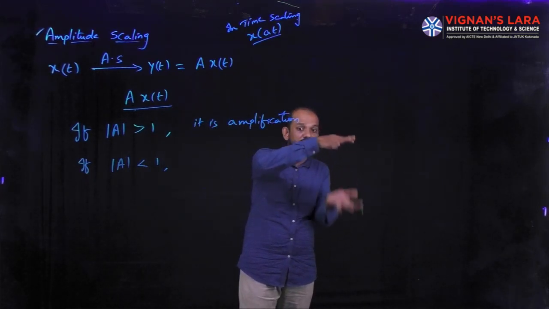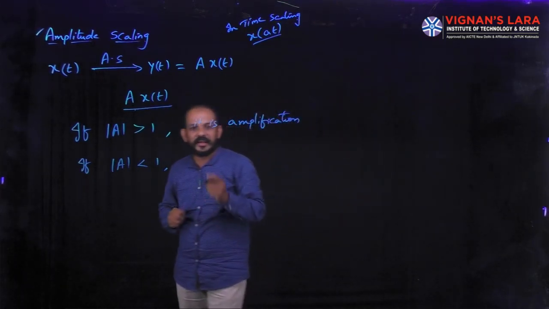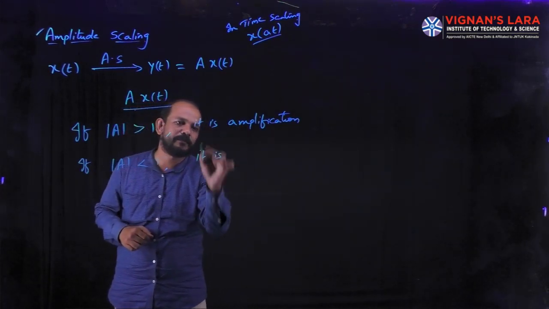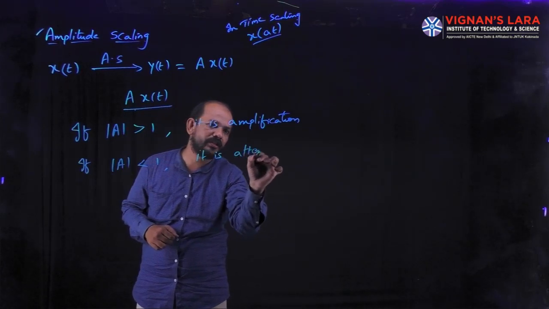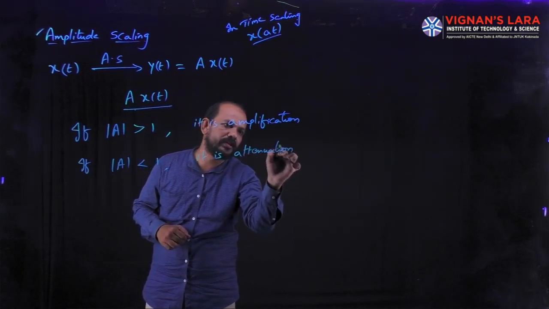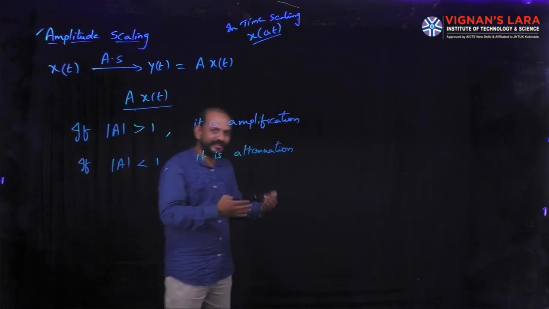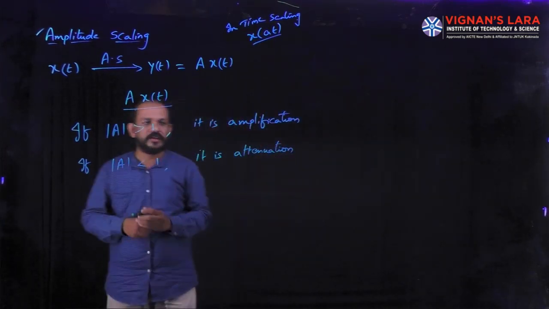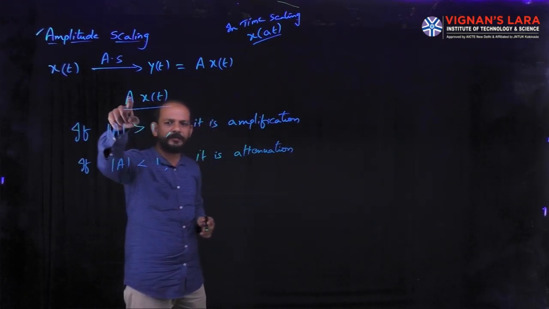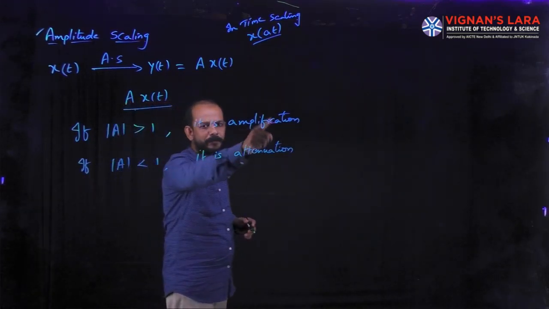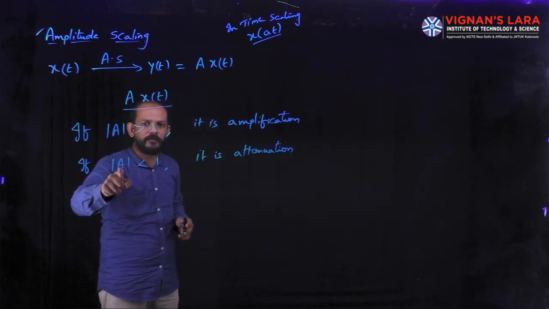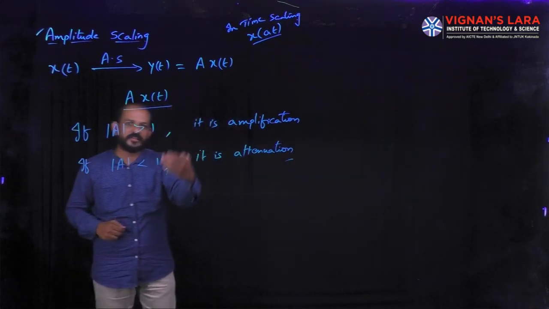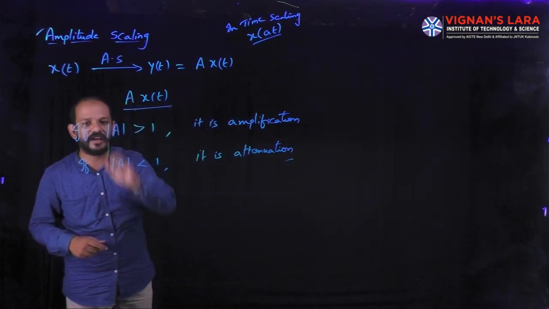Hence that is nothing but reduction, or we can call it attenuation. The reduction of the signal is nothing but attenuation. So if the value of capital A is greater than 1, then we call it amplification. If the value of mod A is less than 1, then we call it attenuation. Okay, so these are the explanations with respect to amplitude scaling.